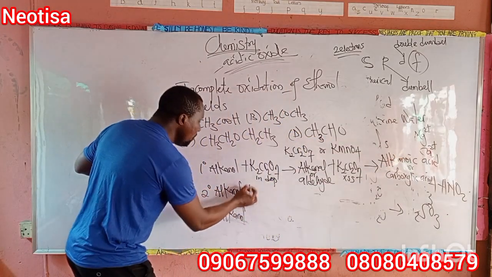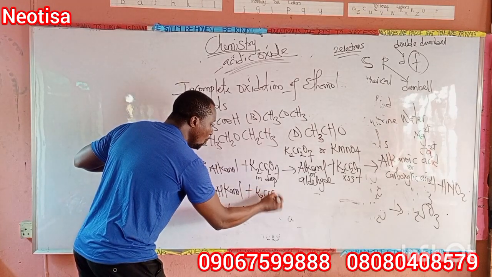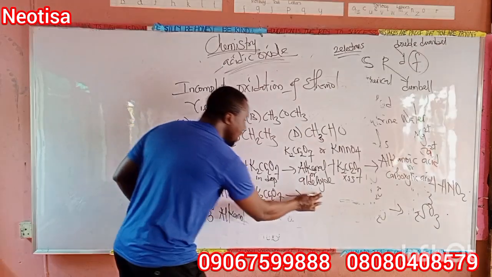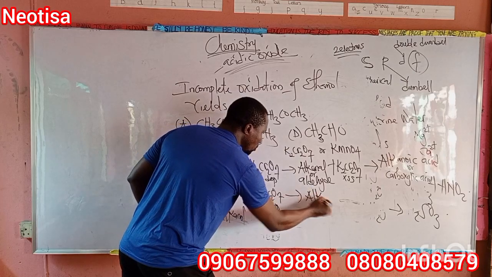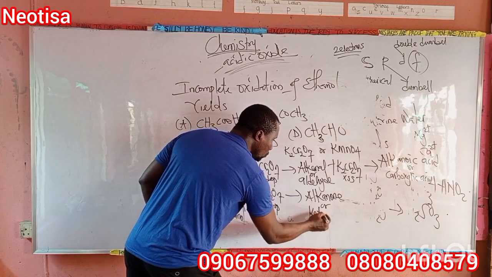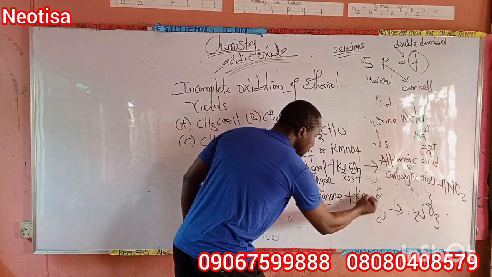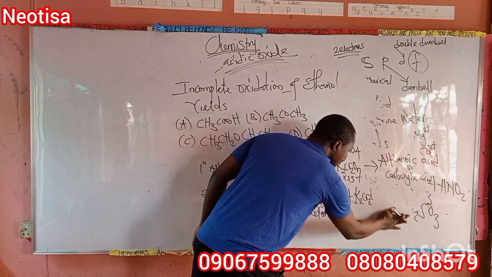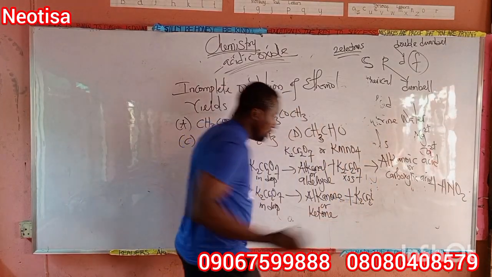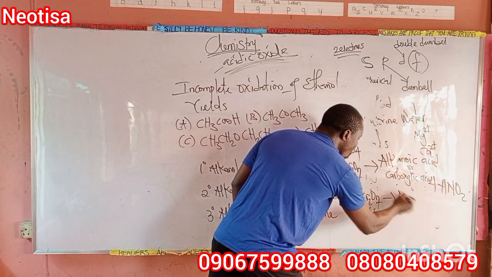Take note of that. If you oxidize a secondary alkanol with K2Cr2O7 in drops, you will have alkanone, another name for which is ketone. Then in excess, you have no product.